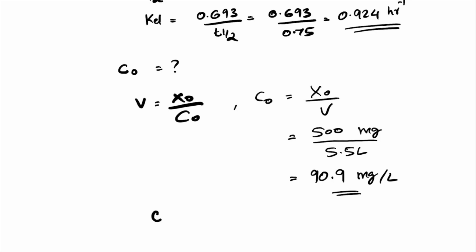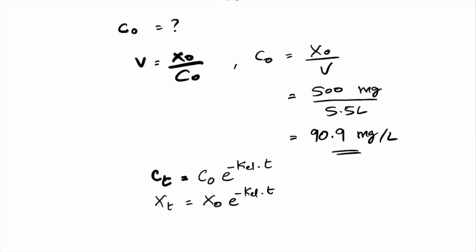So the equation that connects the plasma levels is Ct, the plasma level at any time t, is C0, the plasma level at time 0, times e raised to negative KEL times t. Now the amount of drug at any time t, Xt, is going to be equal to X sub 0 e raised to negative KEL times t.